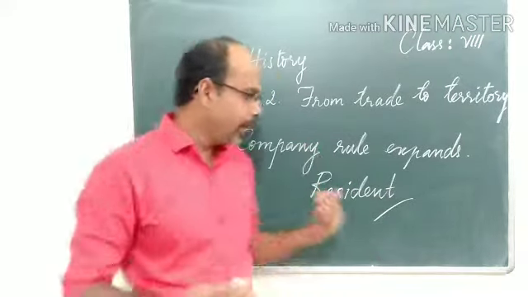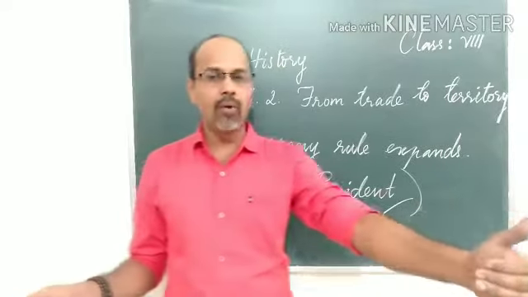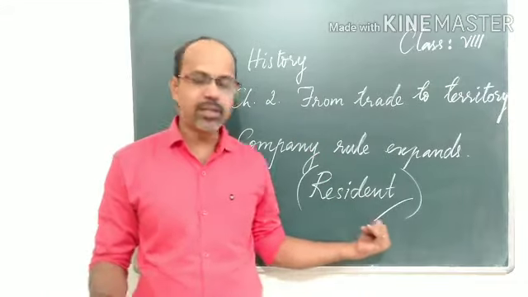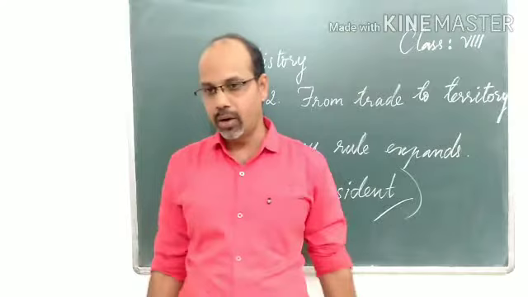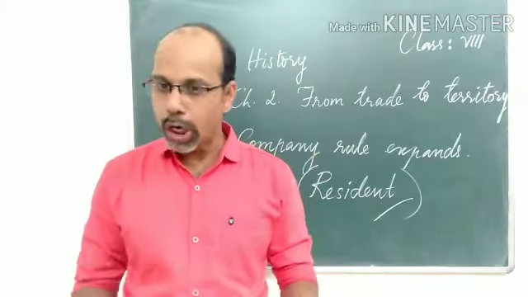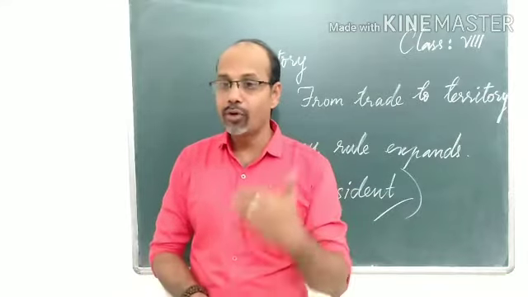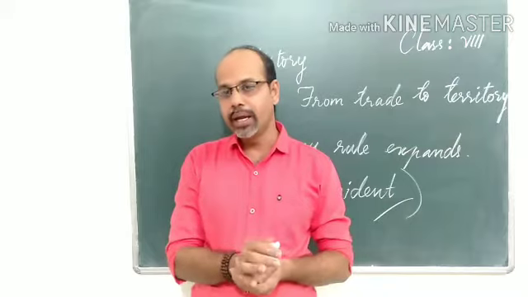The resident became the mediator between the company and the Nawab, the local ruler. In all matters of administration the resident interfered. Through these residents, company officials began interfering in the internal affairs of the Indian states.